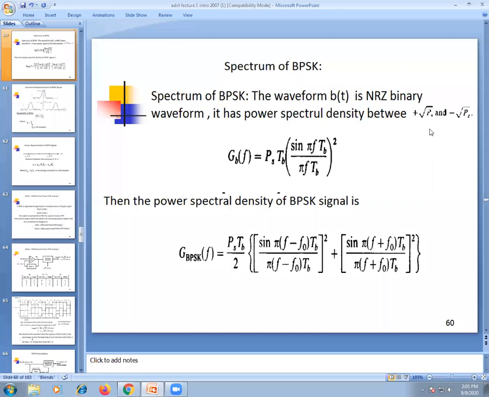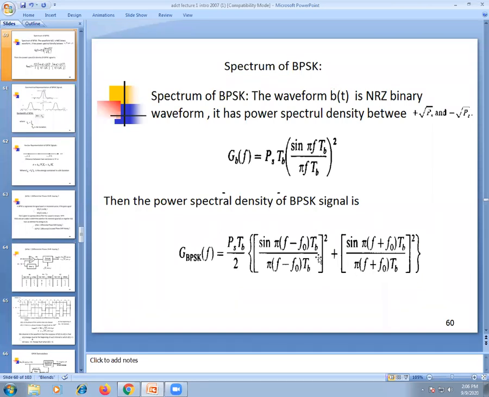The power spectral density of the NRZ waveform is PS Tb times a sinc function, sin(πfTb) over πfTb, whole square. Then the power spectral density of the BPSK signal is PS Tb over 2 times sinc square of π(f − f0) Tb. This is the equation.